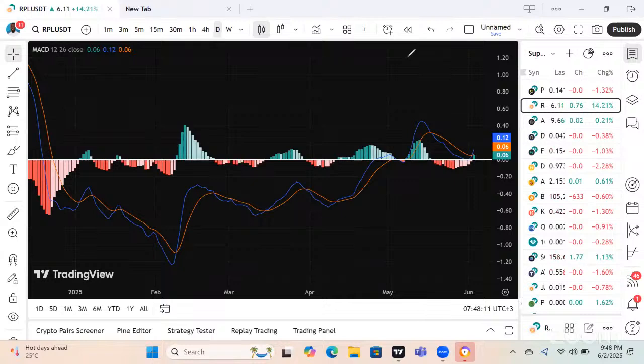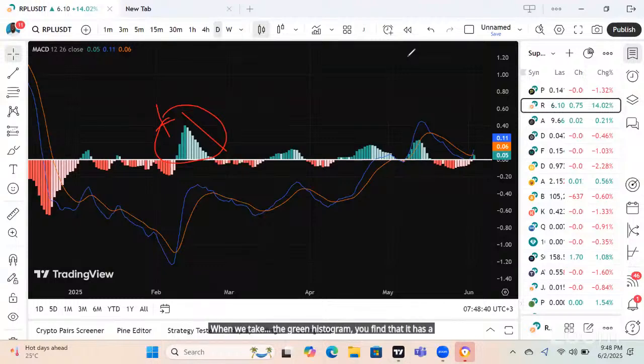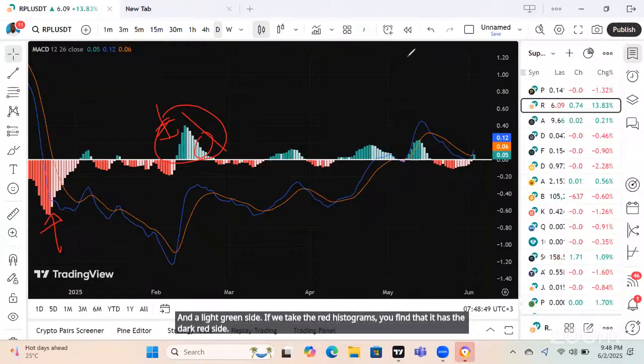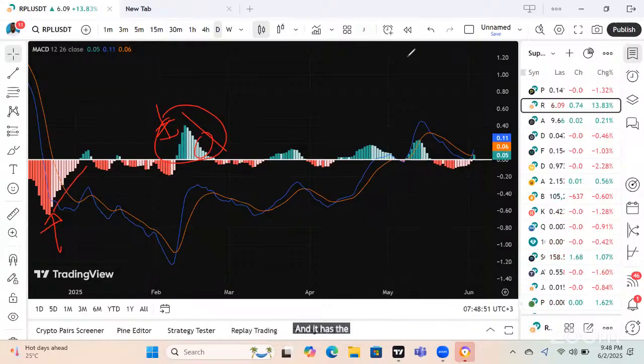Now, these histograms, as they appear on our charts, they usually have two different colors. For example, and this is very important, pay closer attention. When we take the green histogram, you find that it has a dark green side and a light green side. If we take the red histograms, you find that it has the dark red side and it has the light red side.